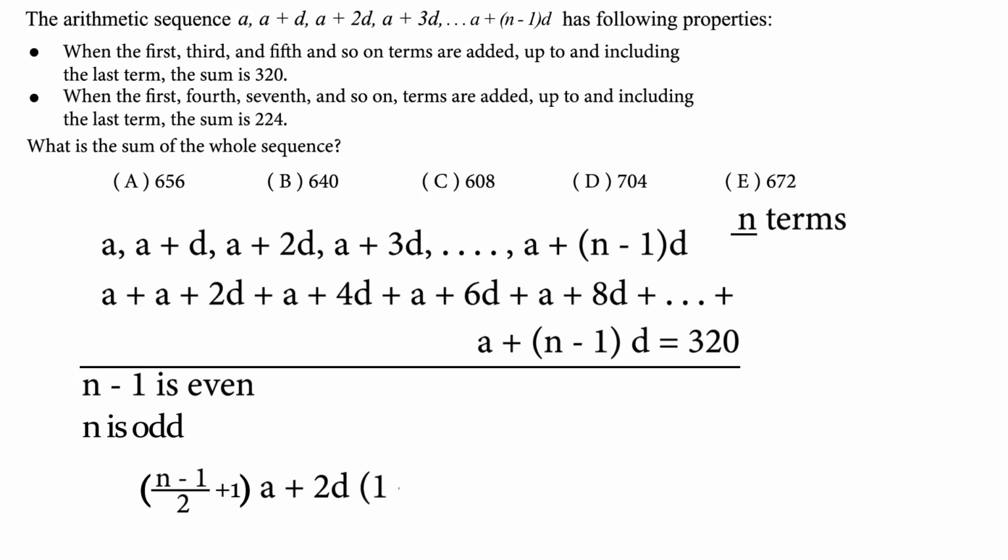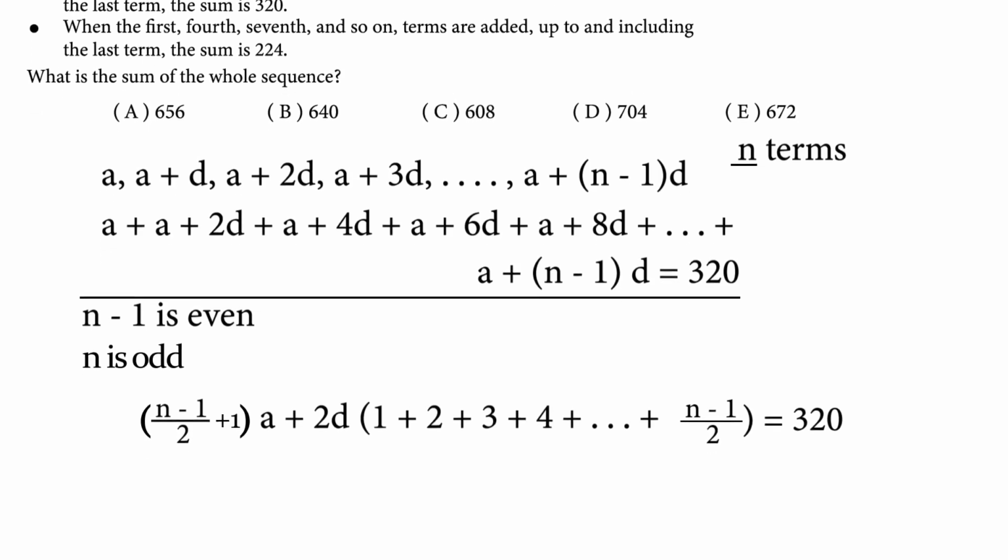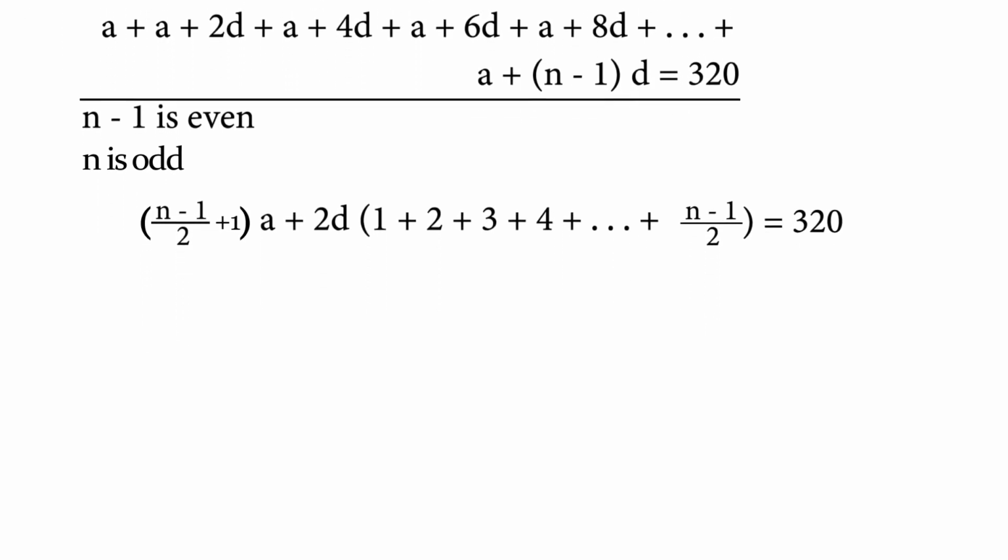If you do, you get 1 plus 2 plus 3 plus 4 plus, all the way until (n minus 1) over 2. And this is all equal to 320. So let's keep going here.